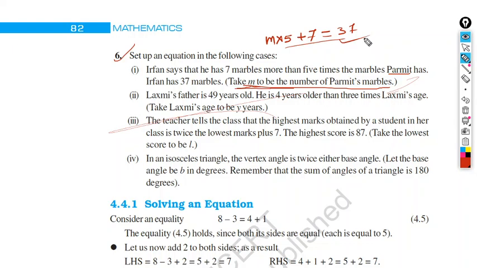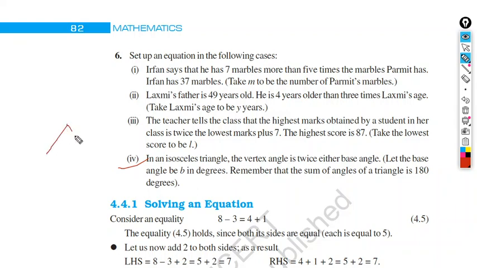So now we will move to another one, IV. If an isosceles triangle, first we will draw an isosceles triangle. In an isosceles triangle, the vertex angle is twice either base angle. That means these two are the base angles, and this is the vertex angle. Okay, we have to set up an equation.